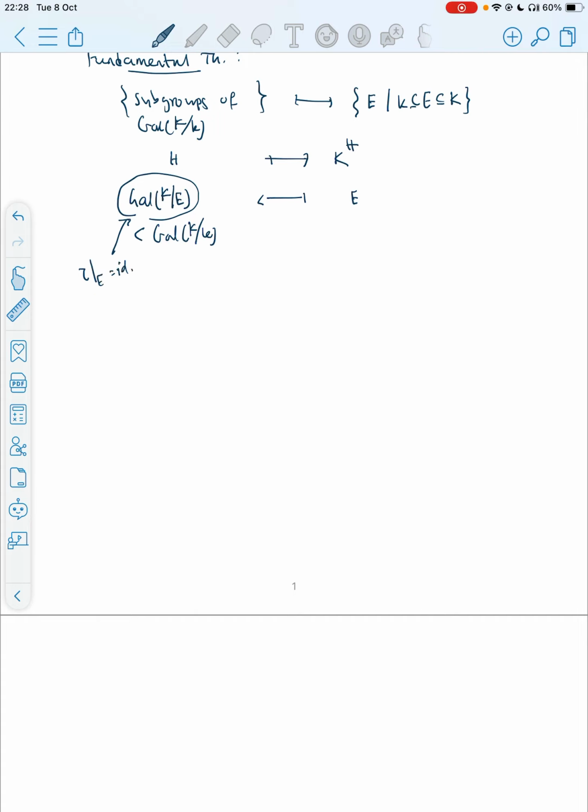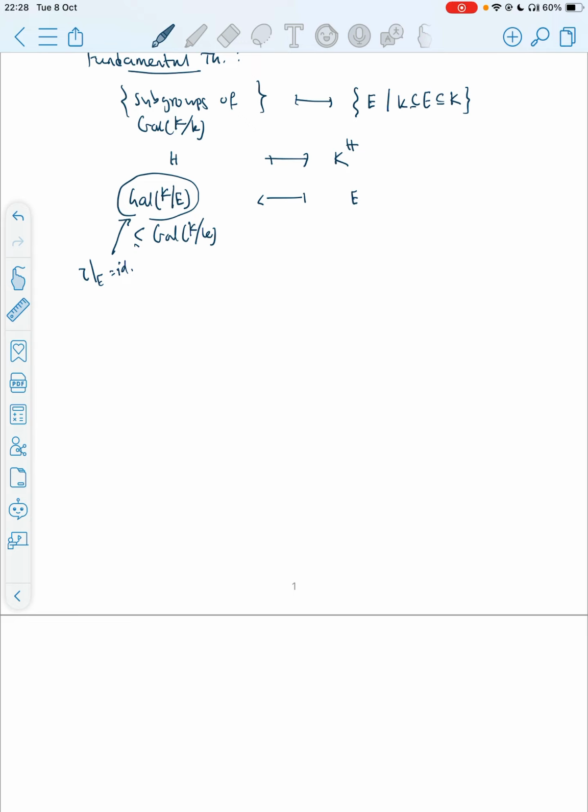Right? So these are in particular elements which, when you restrict to k, become identity as well because small k is contained inside E. So it's a well defined map in both directions and one can show that they are indeed inverses of each other. So we'll try to see the analogous result for infinite Galois or more generally any Galois field extension.